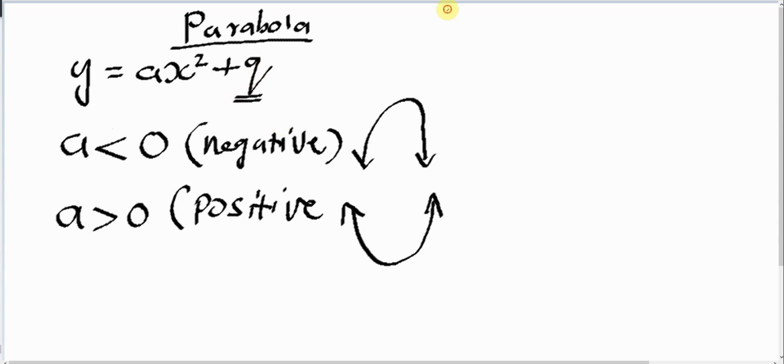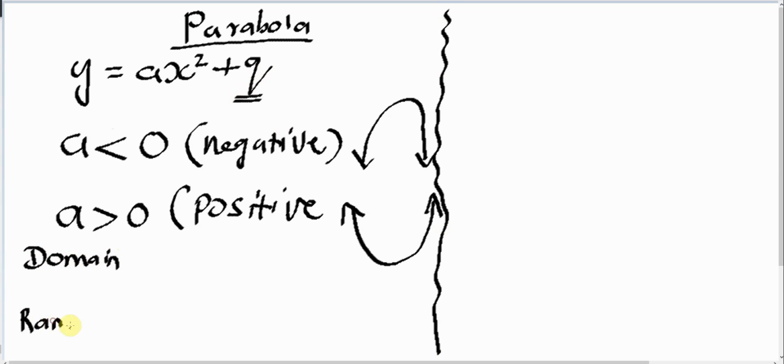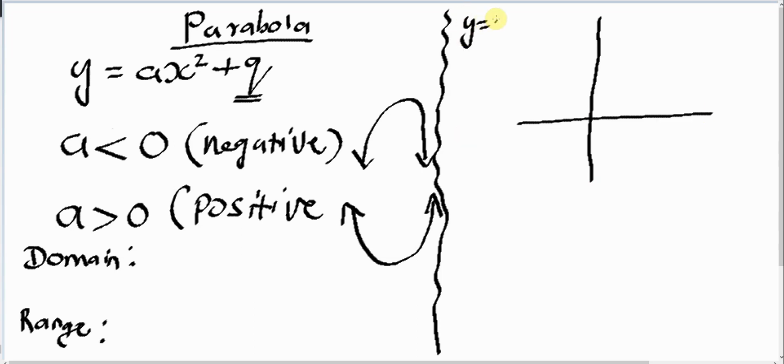All right, so now we can talk about things like the domain and the range of the parabola. These are concepts of functions that apply to every type of function. So if I sketch a parabola here of the equation y equals 2x squared, this means that the value of q here is 0.